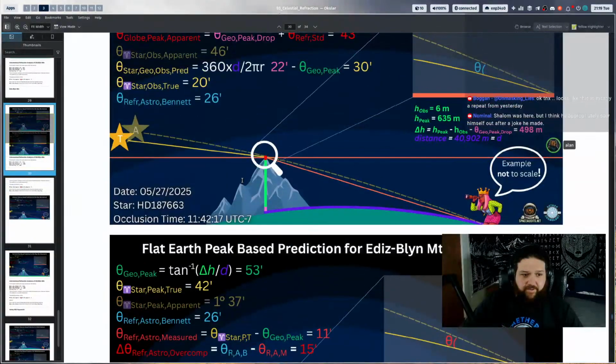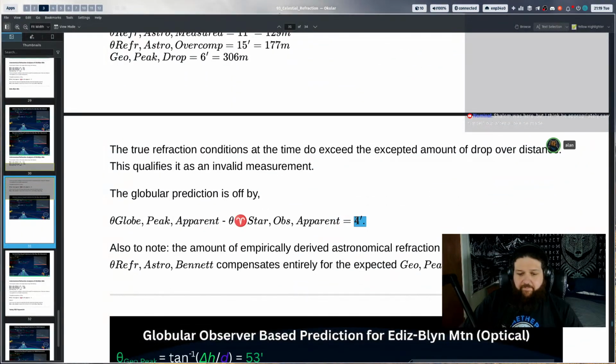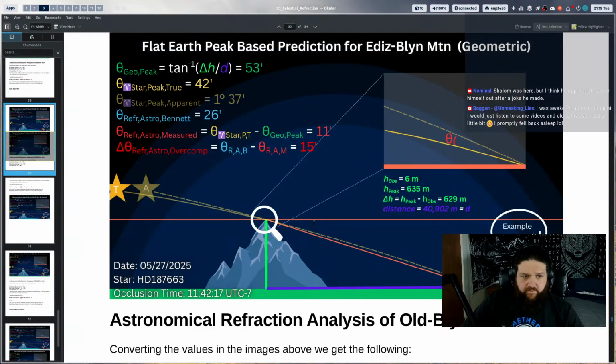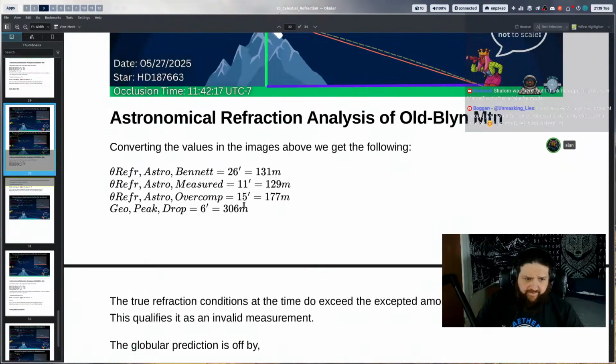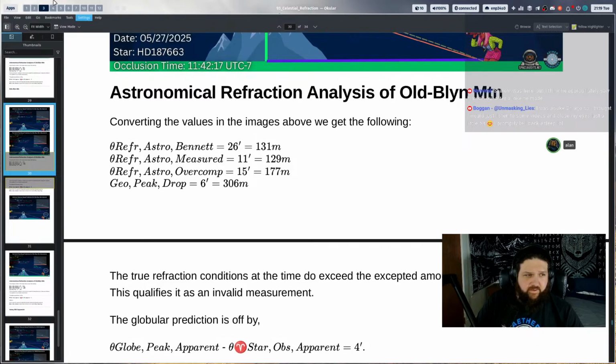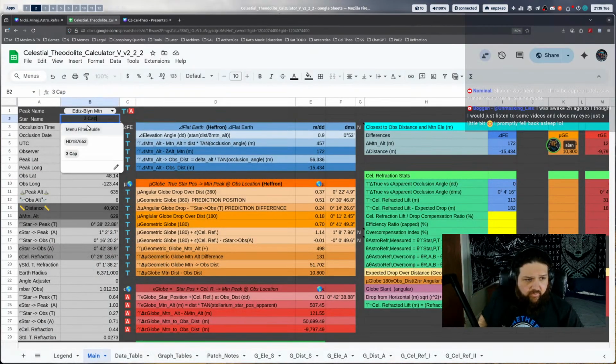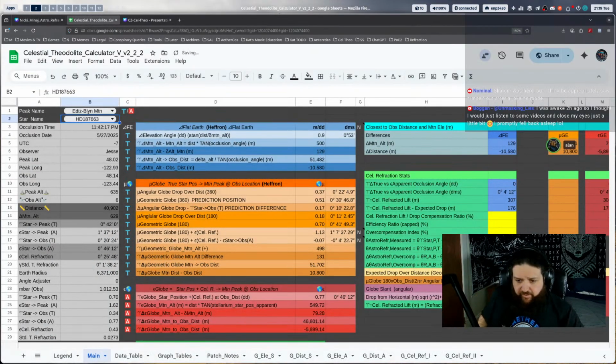For 663, they were off by 4 arc minutes on their apparent position for the intersection for the emergence. And then looking at the ratio here, so they predicted, what was it? No, that's not right. Got the figures wrong.